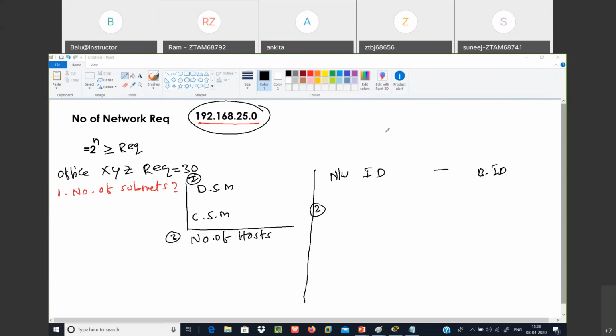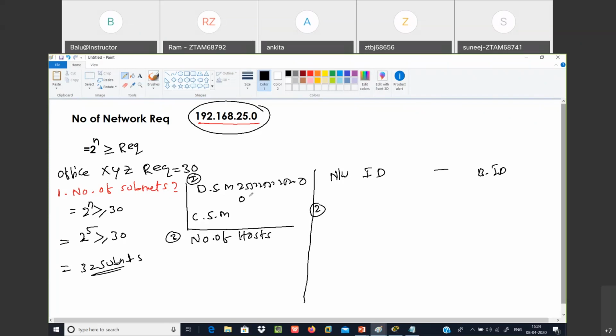Very good. First step, 2 power n greater than or equal to the requirement, which is 30. 2 power n value is 2 power 5. 2 power 5 is 32, so 32 we call subnets. And the customized subnet mask: the default is 255.255.255.0.